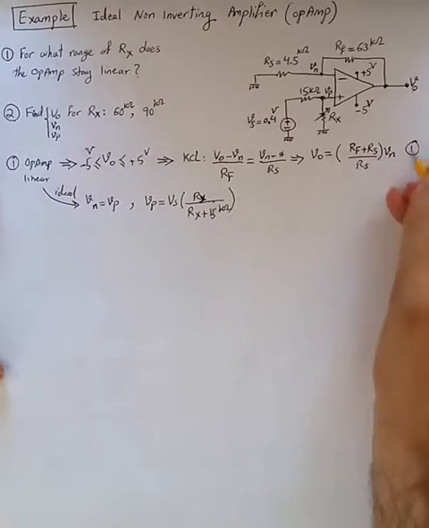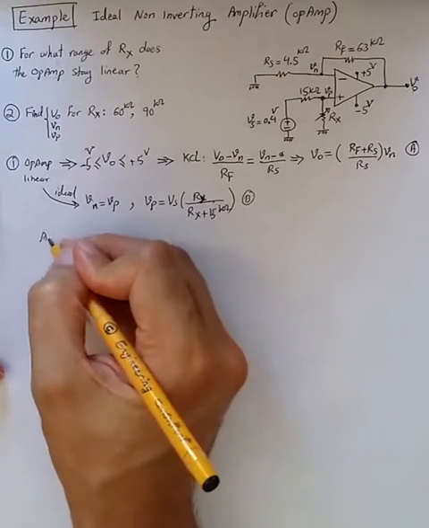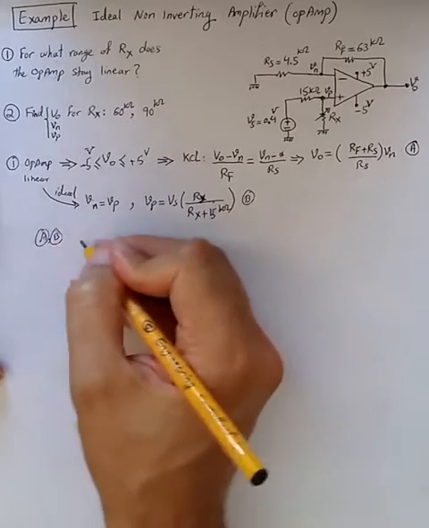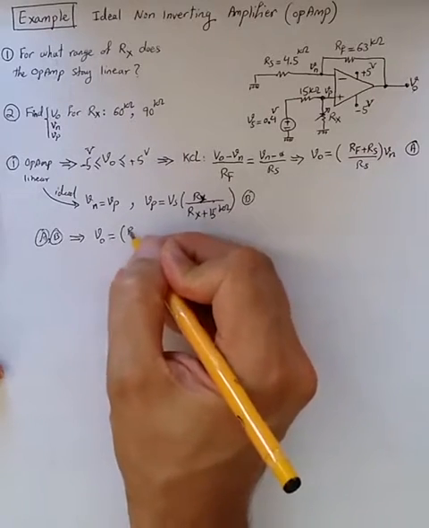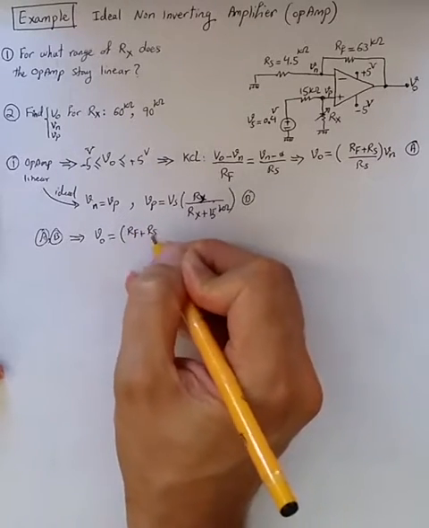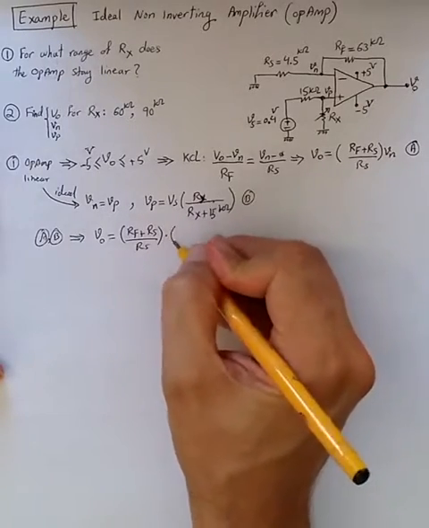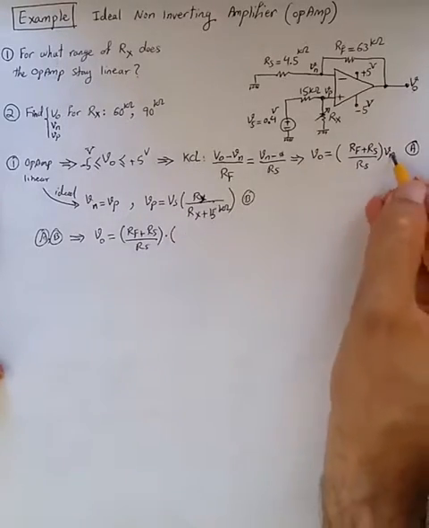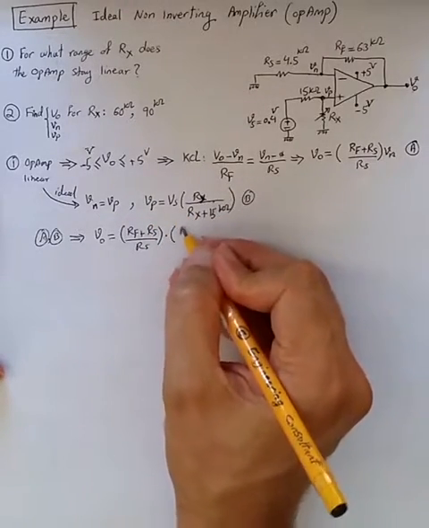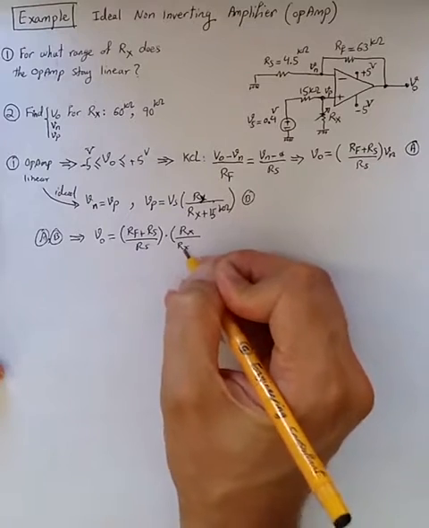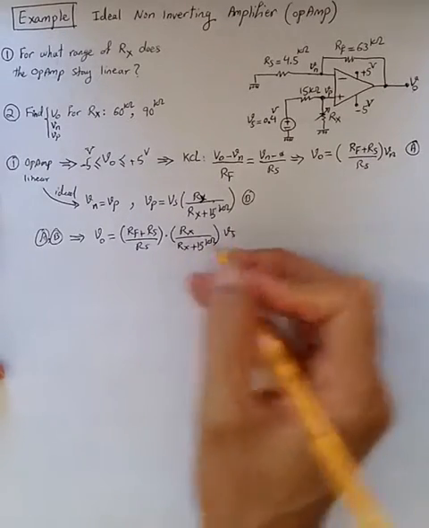So combining A and B, we get Vout is Rf plus Rs over Rs times, replacing Vn and Vp with this equation, Rx divided by Rx plus 15k times Vs.